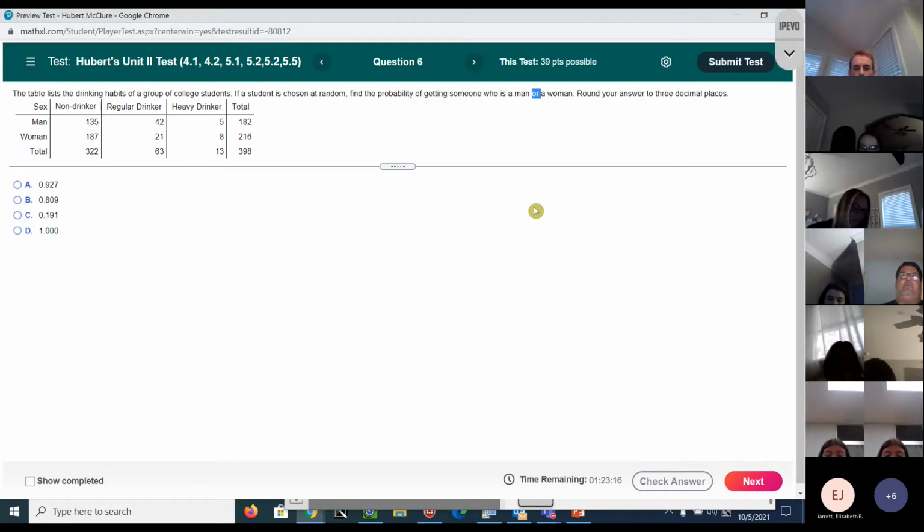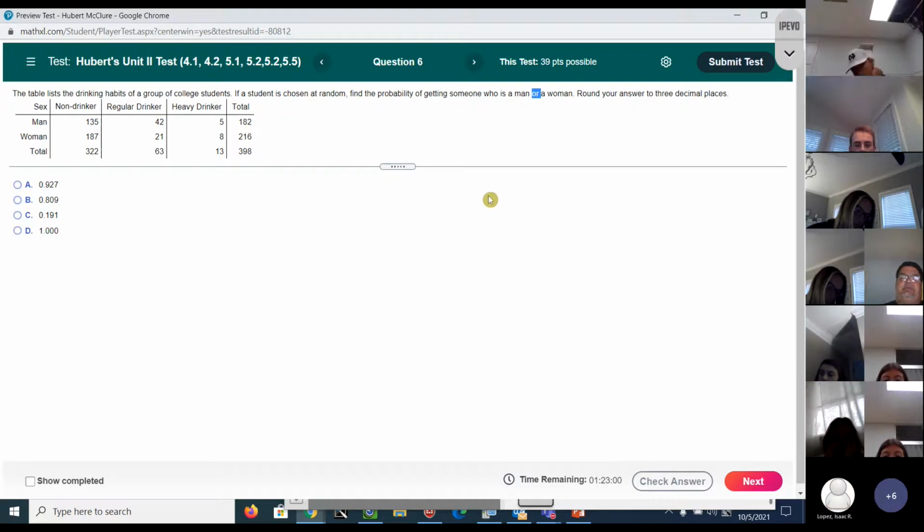One or the other. Which property does or associate with? Addition. The additive property. So you got to check for overlaps here.